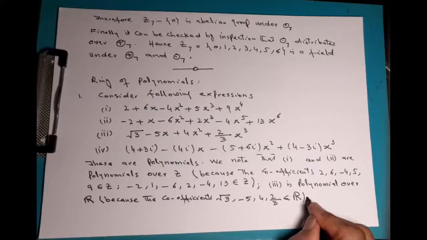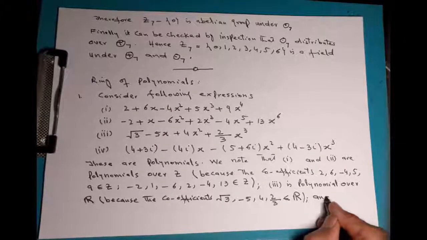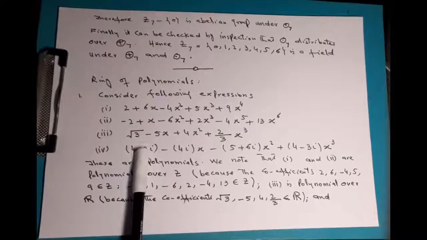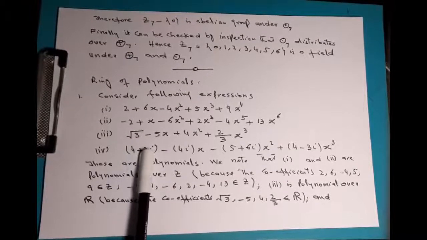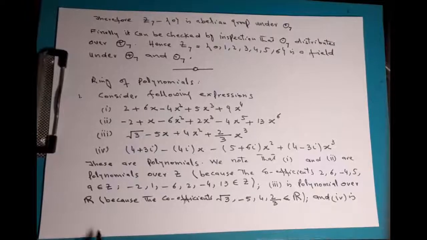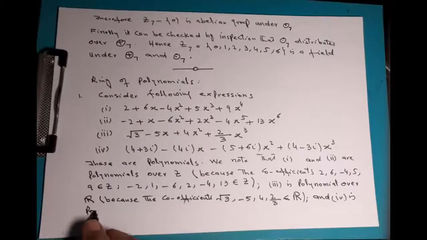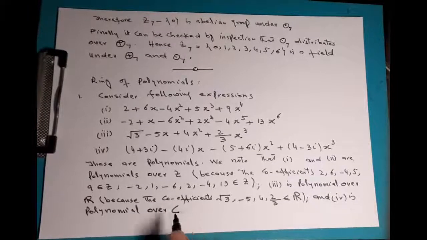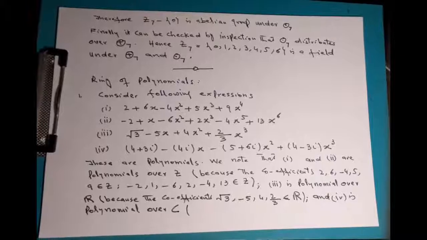And about this particular polynomial, 4, this is a polynomial over C, the ring of complex numbers.